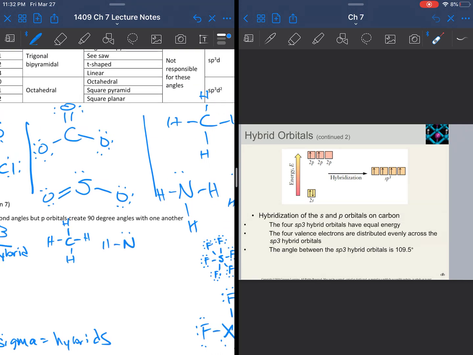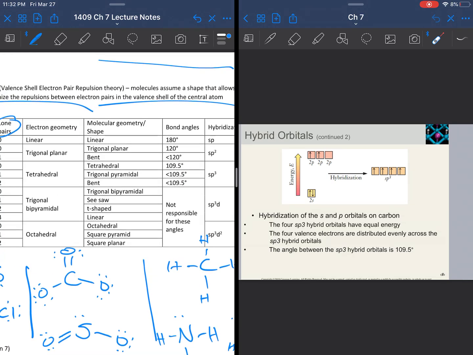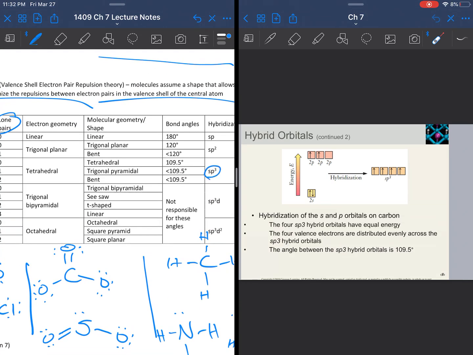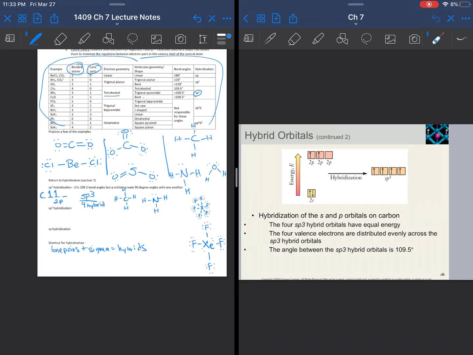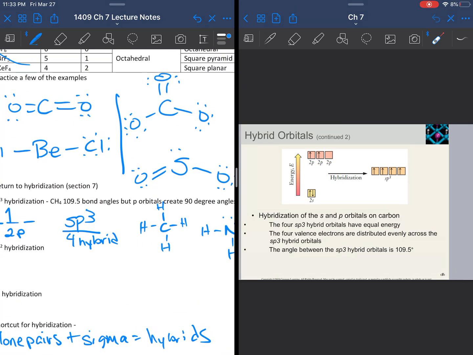That's also going to apply to something like ammonia. Anything with tetrahedral electron geometry is going to wind up with sp3 hybridization. Notice that was there for tetrahedral, trigonal pyramidal, and bent, all of the tetrahedral electron geometries. It's to give those bond angles.